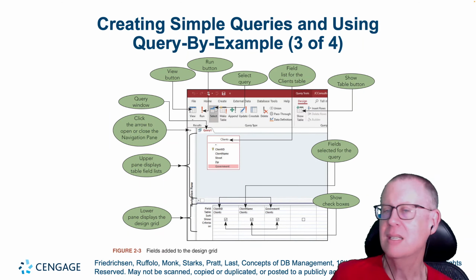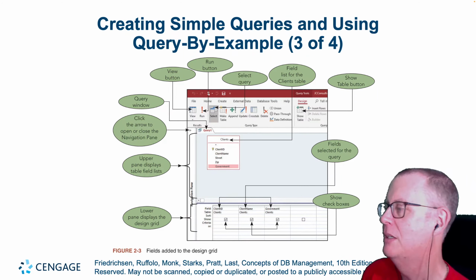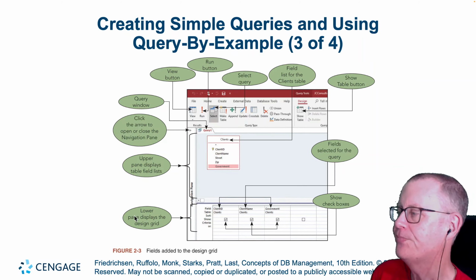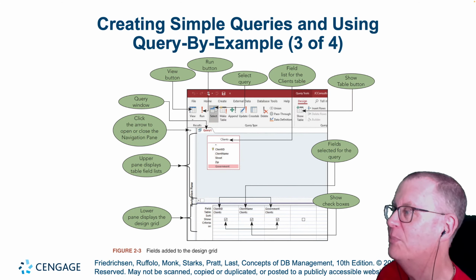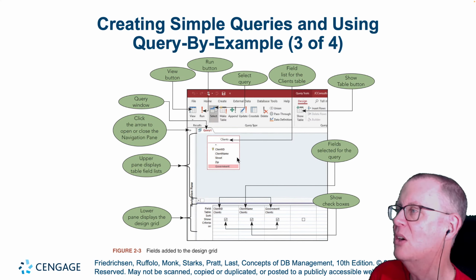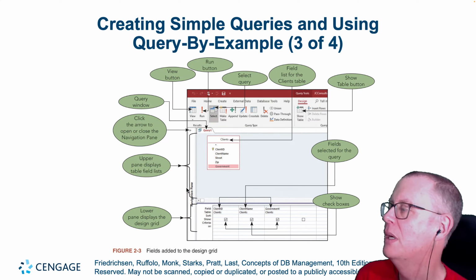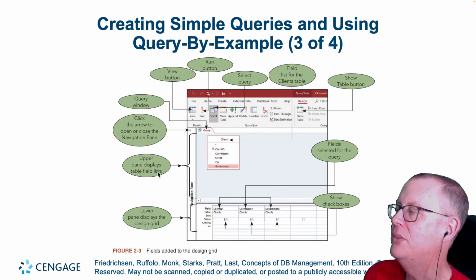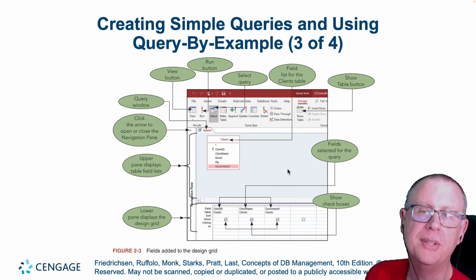So here's an example, a screenshot. Here we've got the design, and we've got a query, and we're querying on the clients table. This upper pane shows all of the tables that we're using in the query.